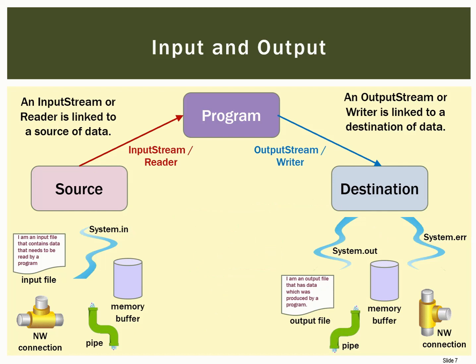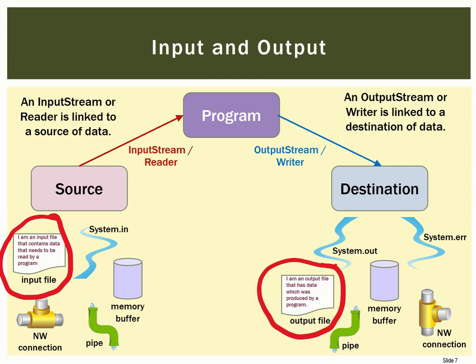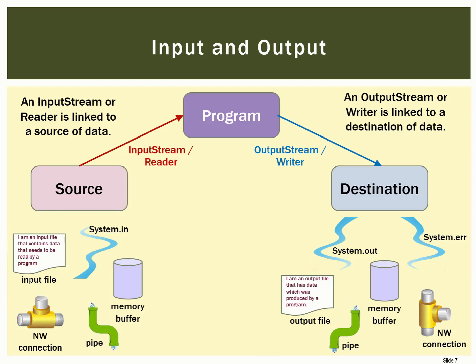As expected, you can also read from an input file, and you can also write out to an output file. You can also read from a buffer. A buffer would store information in memory in the computer for faster reading. You could read from the buffer. You could write to the buffer. And finally, the last two types of sources and destination.